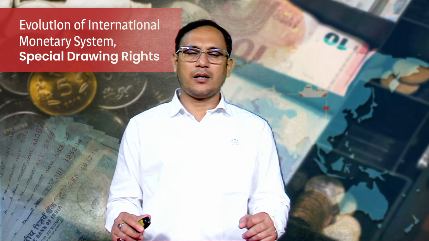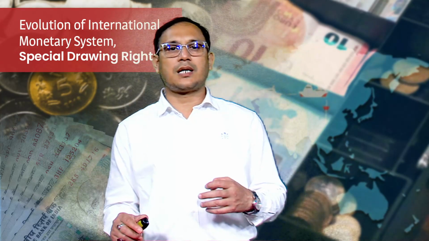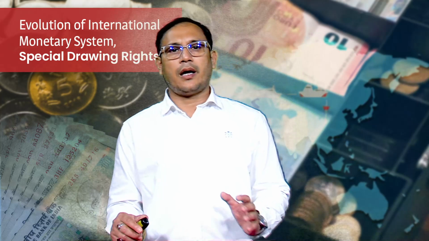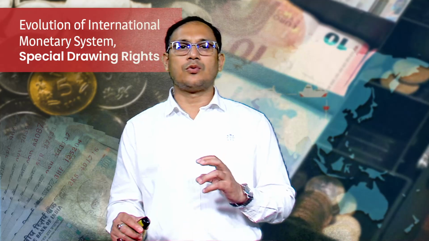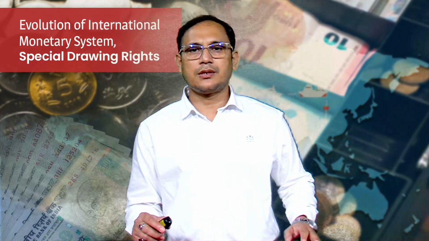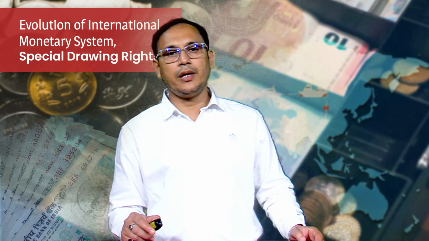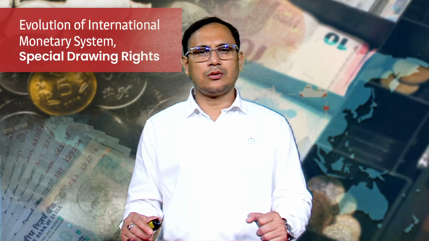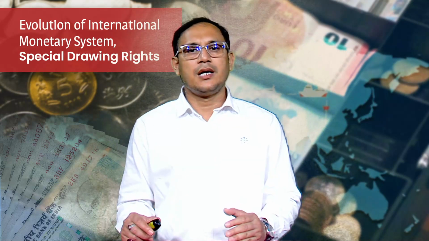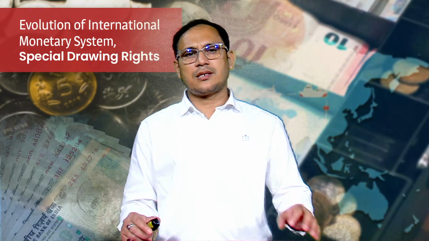So, in conclusion, in this lecture we have discussed both the international monetary system and special drawing rights. Regarding the international monetary system, it has undergone significant changes over time to adapt to evolving global economic conditions. Despite these modifications over the years, its fundamental goal of ensuring financial stability and promoting international trade has remained unchanged.